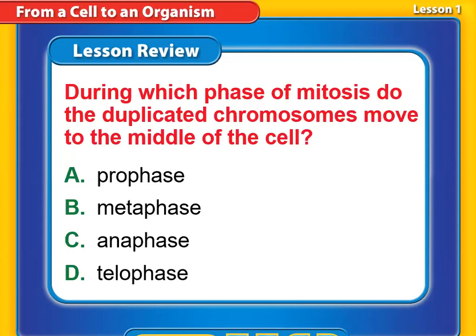Okay, Fadia? B, metaphase, okay? Meta means middle. Ana means separate. So anaphase is the 3rd phase. After they are lined up at the middle in the 2nd phase, which is metaphase, they are going to separate in the 3rd phase. Any other question regarding what we said, guys?